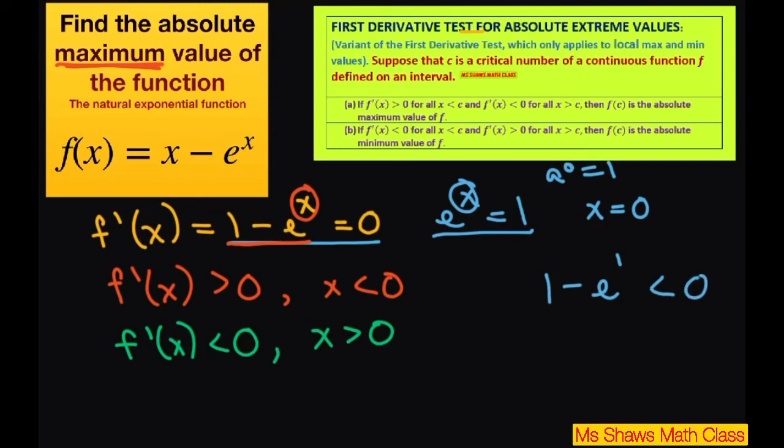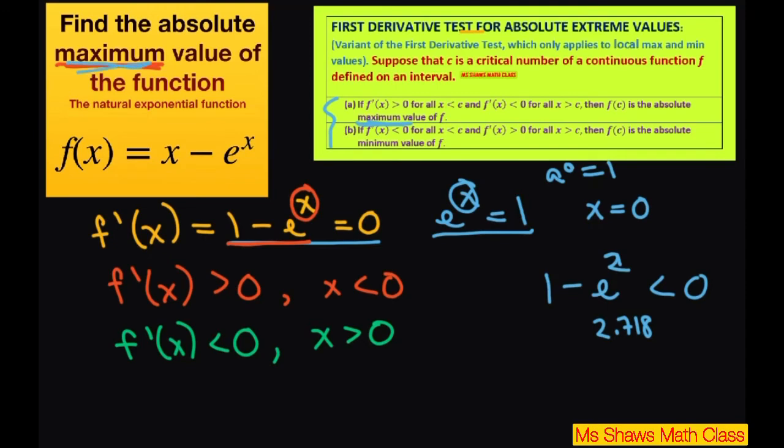Because remember, e is 2.718, something like that. So this is going to end up being negative. And of course, it's going to get more negative as you increase the values. So based on our first derivative test, that means we do have an absolute maximum value, which we kind of already knew because they told us that.